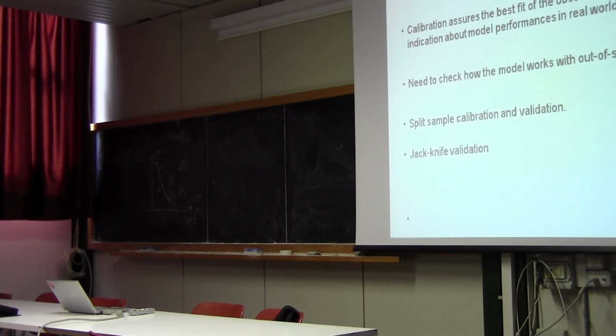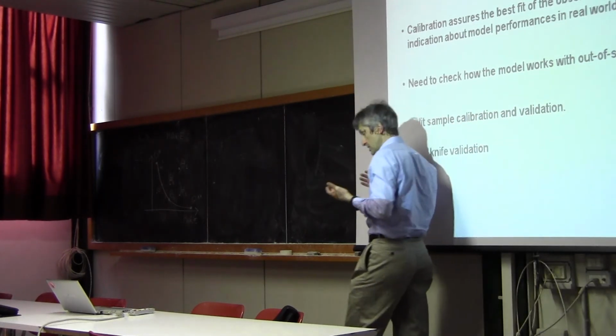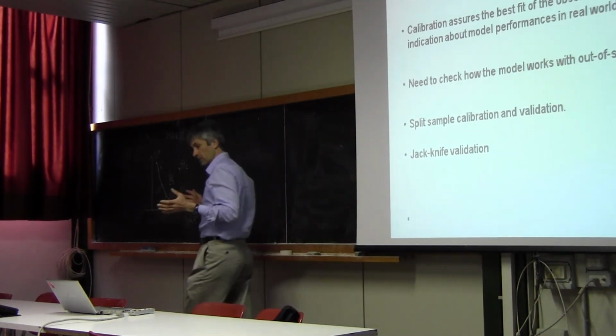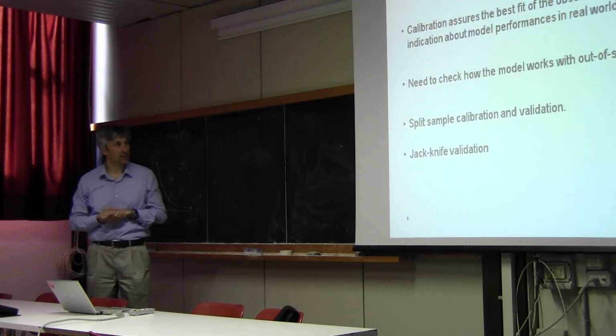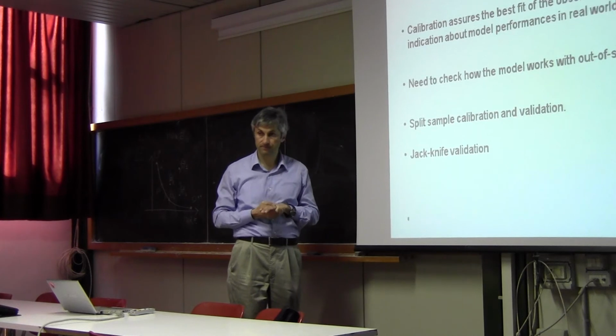Out-of-sample means implicitly out of the calibration sample. The sample of data implicitly refers to the data that we used in calibration. Now, when we say out of sample, it means that we use the model by referring to data that we didn't use in calibration.